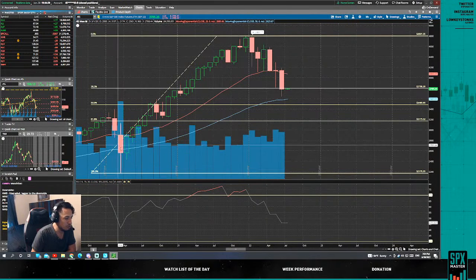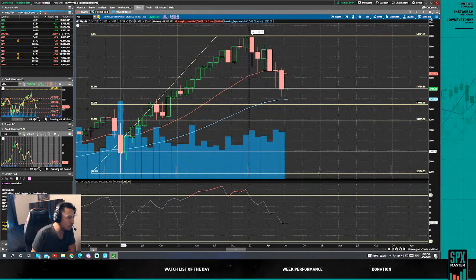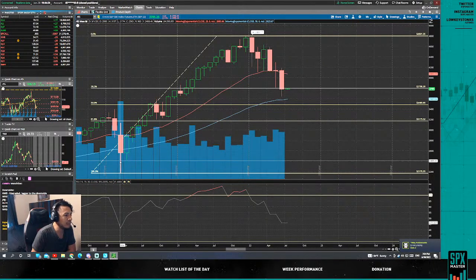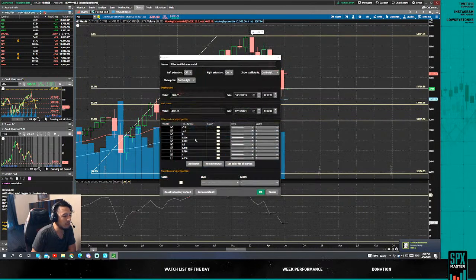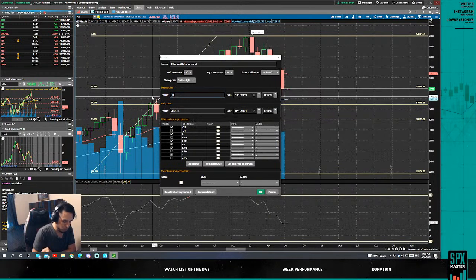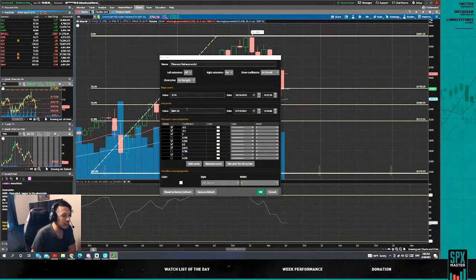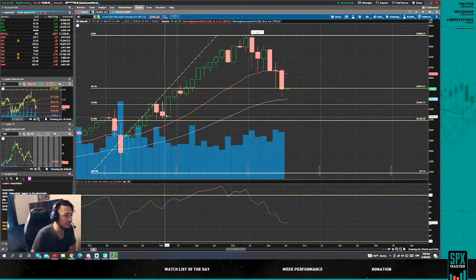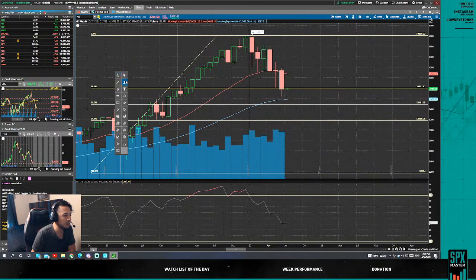The low right here is 2174, and the high is 4808.25. Just to be a little bit precise, it doesn't have to be, but just to be.